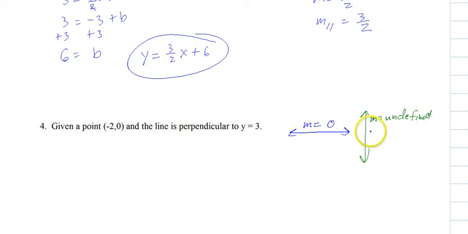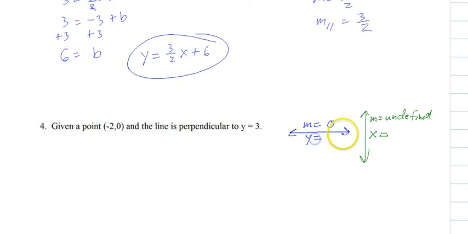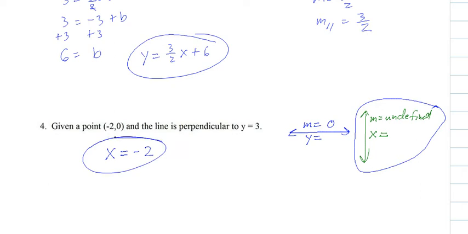Well, if you remember going back, these are x equals equations. And these are y equals equations. So since we want perpendicular, we're looking for this one, the x equals. So all you have to do is write your x coordinate. And that's the equation.